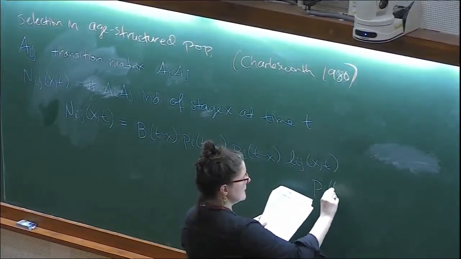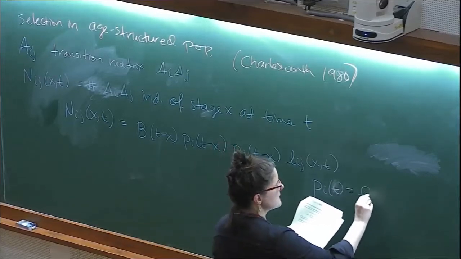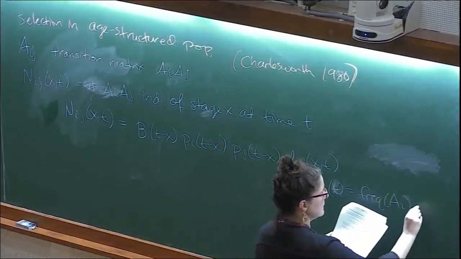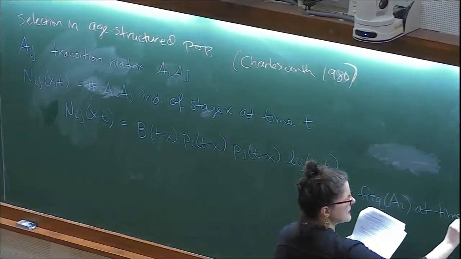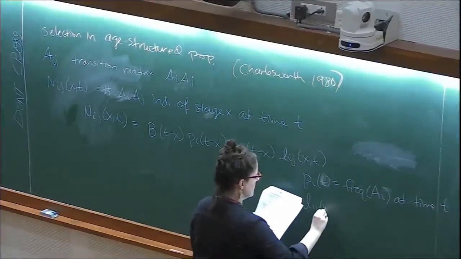So lowercase p is the frequency of the particular allele at time t, and I'll use uppercase P's.